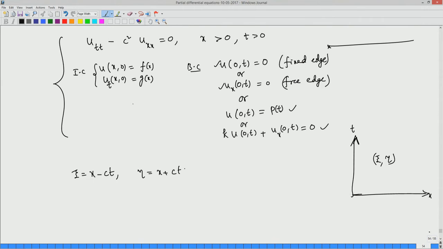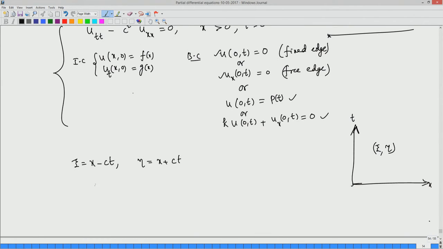With these new variables your equation becomes u_xi_eta equal to 0, which is what you have seen. This implies that u at (x,t), the general solution of the wave equation, is c1(x minus ct), where c1 is an arbitrary function, plus c2(x plus ct).